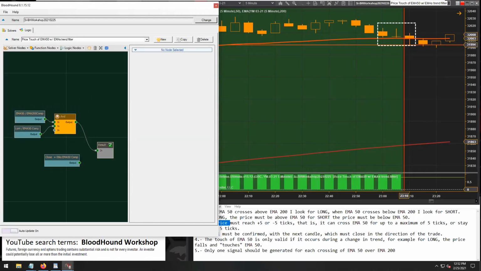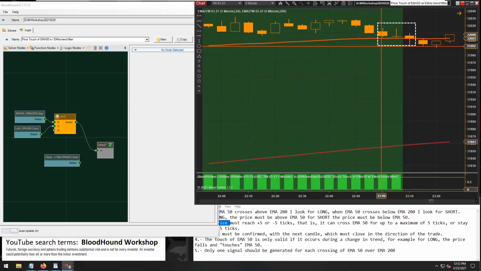So let's take this bar here for example. What would happen if this wick had broken through the EMA50? Well, there would be no long filter output here. It'd be blank like that one.